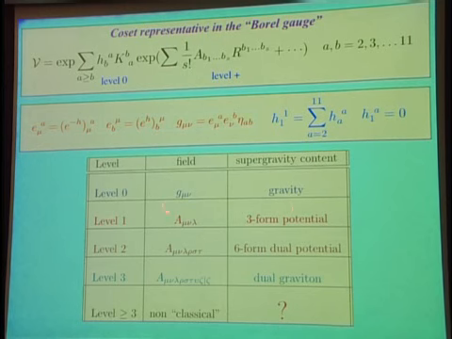At level 1, we have a 3-form potential, so we suppose that this is related to the 3-form of supergravity. Level 2 contains a 6-form potential, which is naturally, and checked by what you do in 3 dimensions, identified to the Hodge dual of the 3-form potential. In level 3, well, you have a mixed thing with 8 antisymmetric indices and 2 symmetric ones.